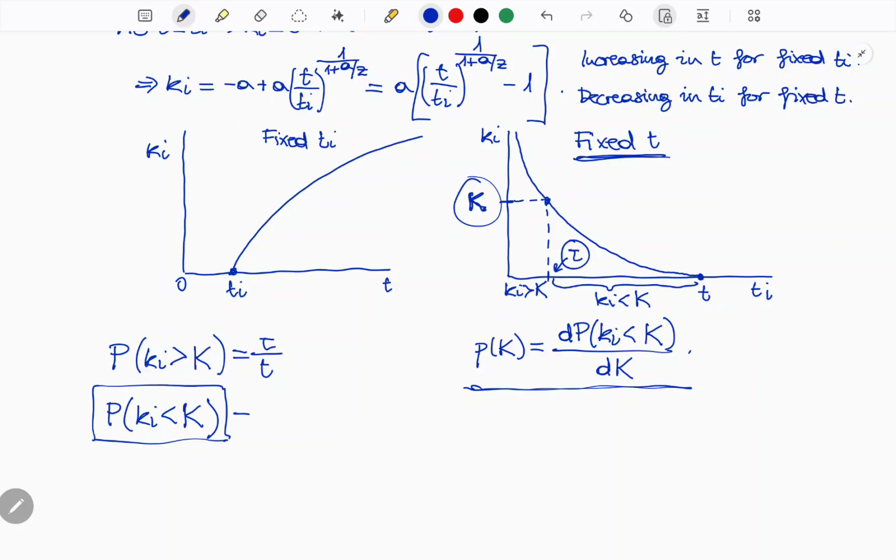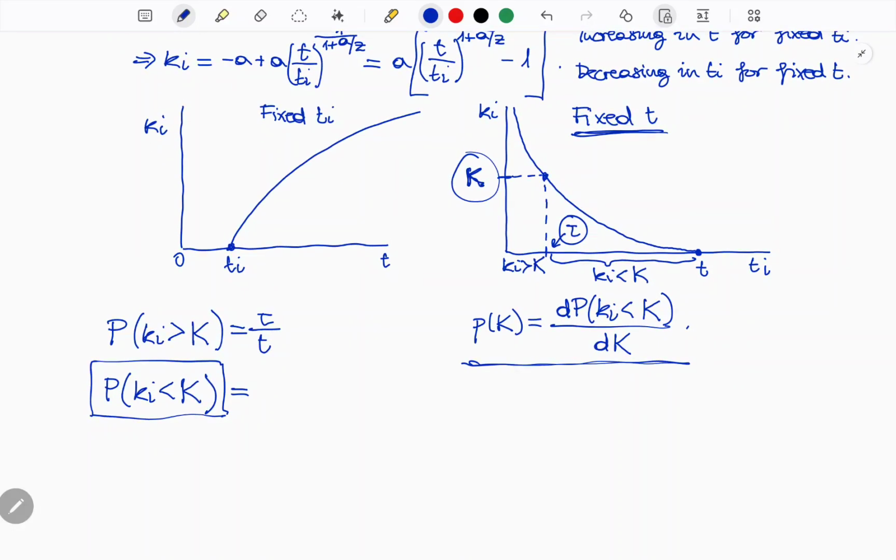But if instead of that quantity, I want to look at that quantity, which is the one that I'm interested in, this is 1 minus that fraction of nodes, because they are complementary quantities. In the end, remember that the addition of these two quantities has to be equal to 1. That is what we are going to use in order to find this probability distribution.